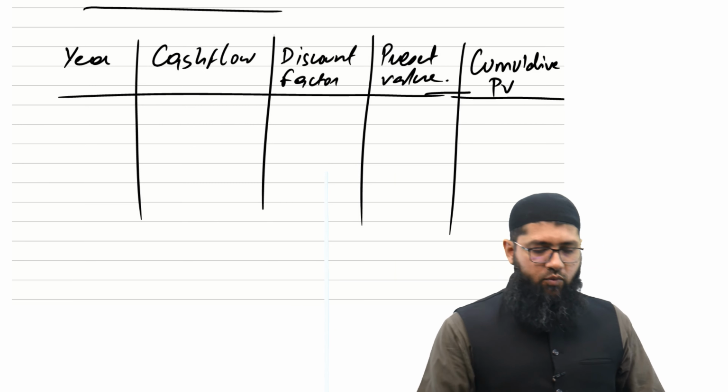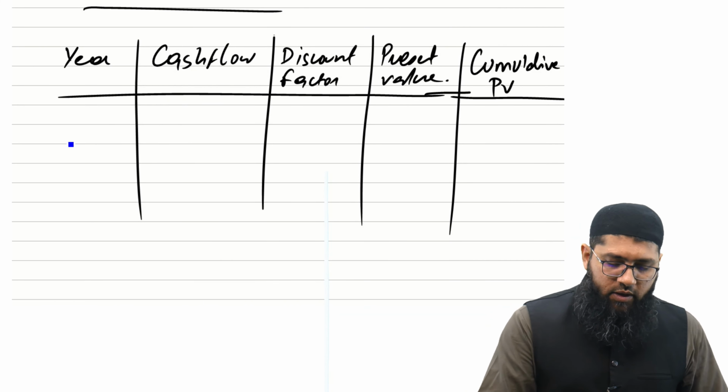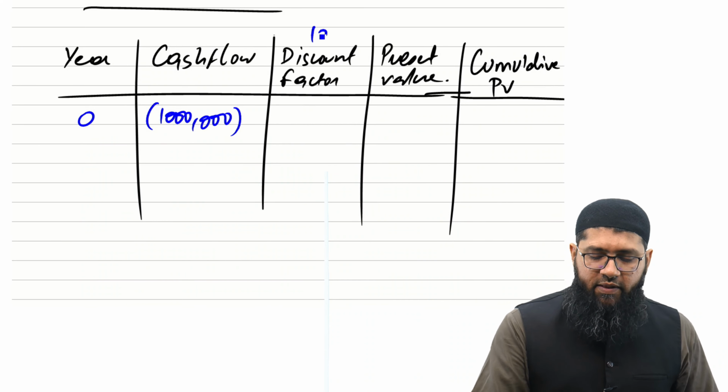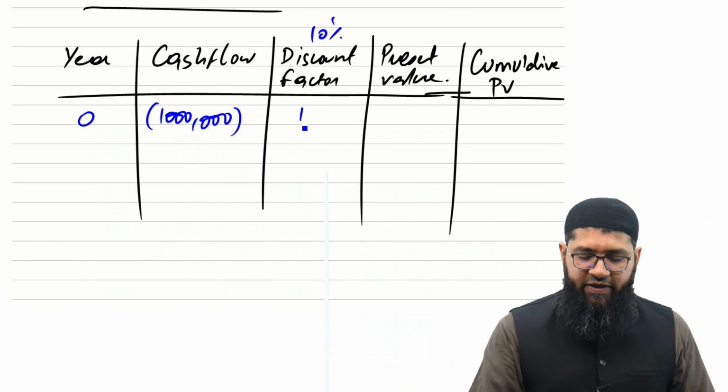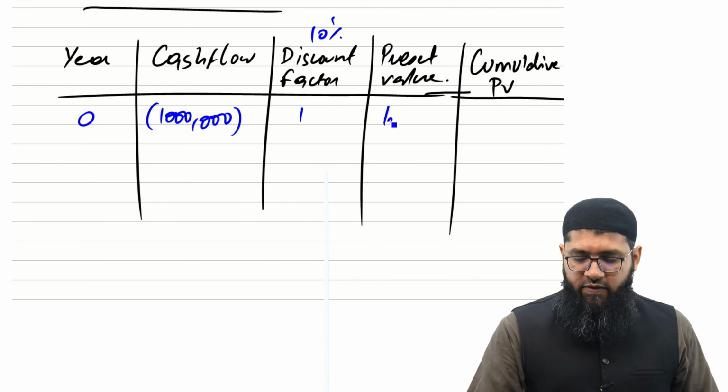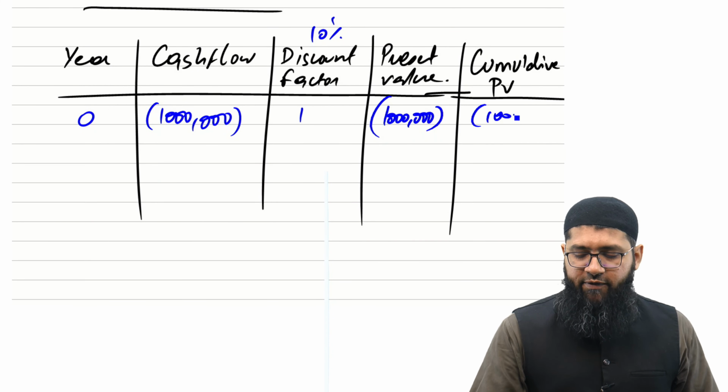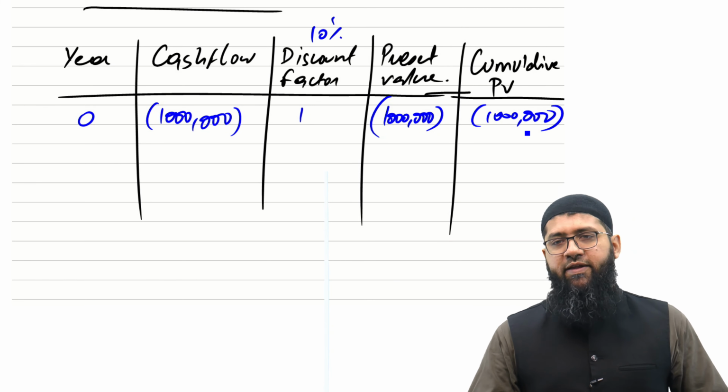Whatever the time period 0, let's say 1 million is an outflow, with a discount factor of 10%, you would have 1 million as the cumulative present value.